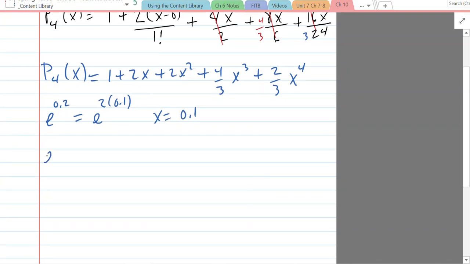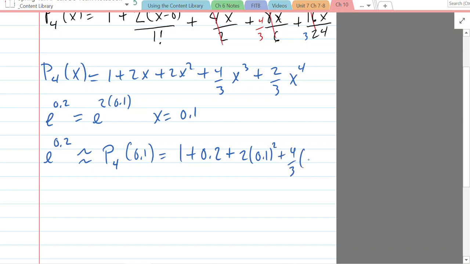So e to the 0.2 is approximately the fourth degree polynomial evaluated at 0.1, which would be 1 plus 0.2 plus 2 times 0.1 squared plus 4/3 times 0.1 cubed plus 2/3 times 0.1 to the fourth.